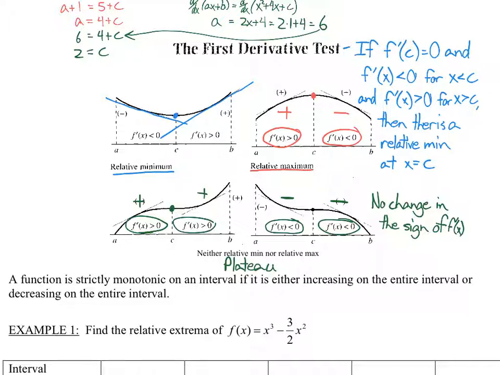Now there is a term here, strictly monotonic. Mono meaning one, like one direction. Like monotonous. What does that mean again? That just means boring, all the same.